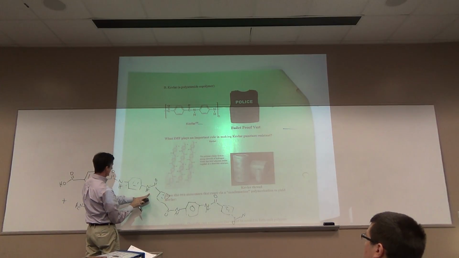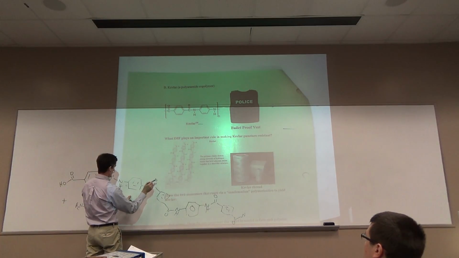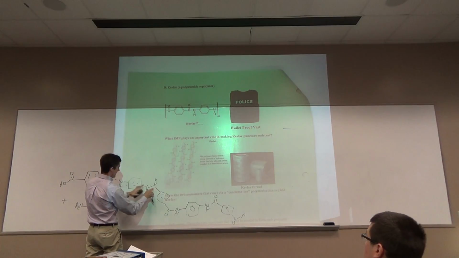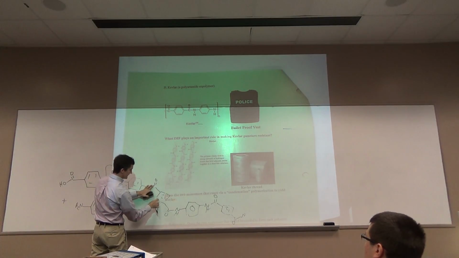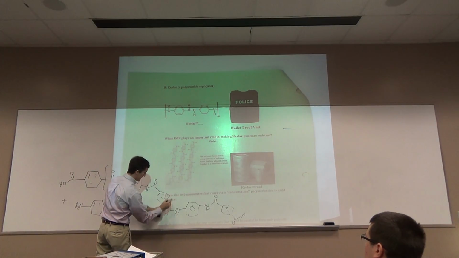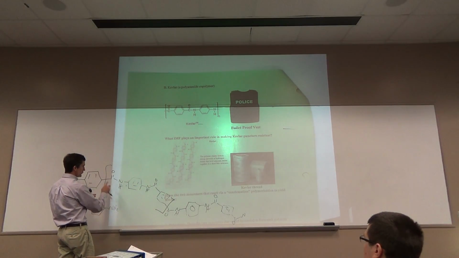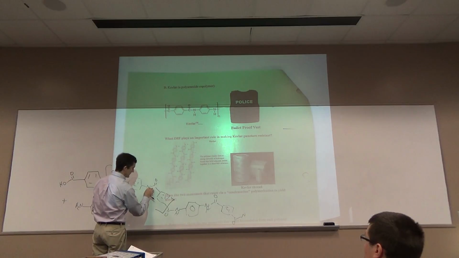Now hold on, we need 2 rings because if I went here, carbonyl, NH, ring, N, carbonyl, N, that's not repeating until we get here. There's 1 repeating unit. Carbonyl NH ring, N carbonyl ring.